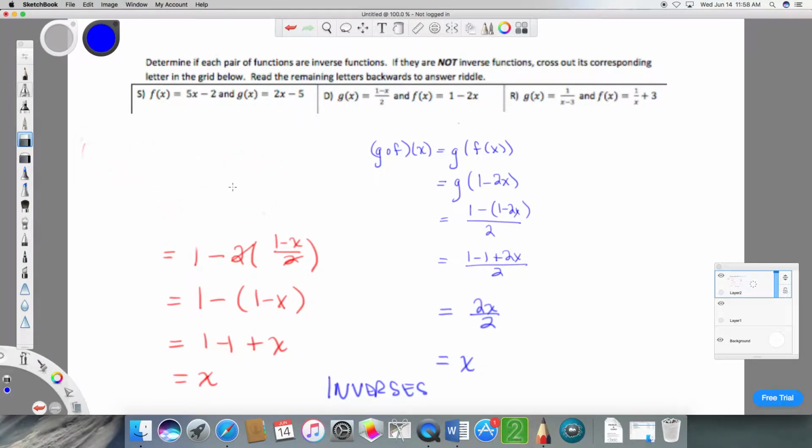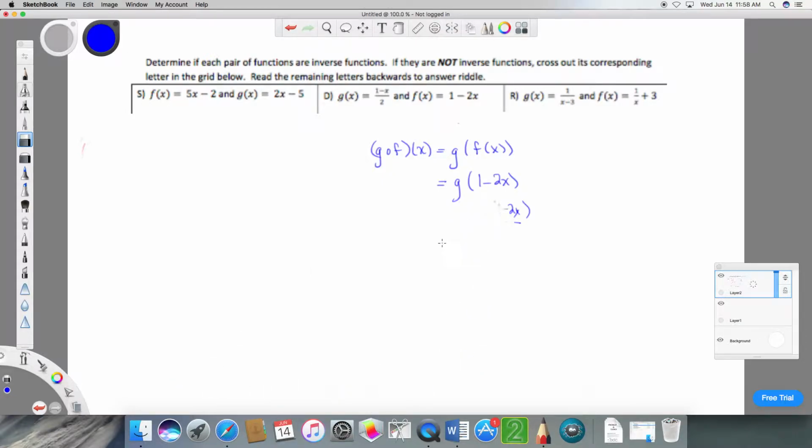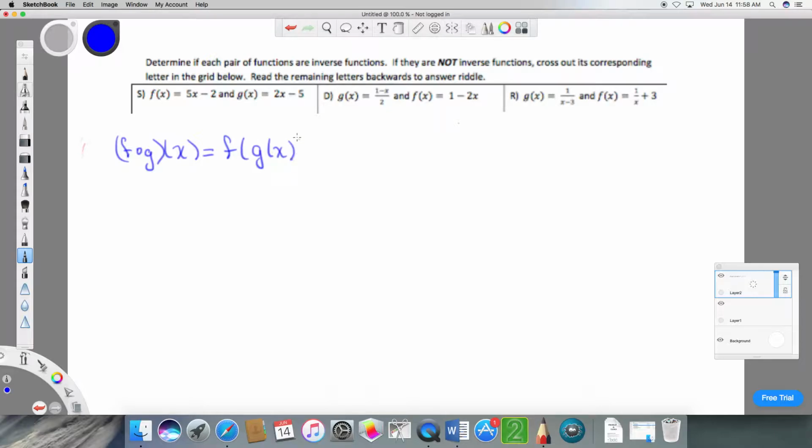Let's take a look at this third one here. So again, let's start out finding f composed with g. That means that we are having g be the input for f.